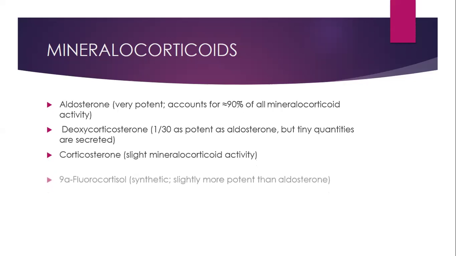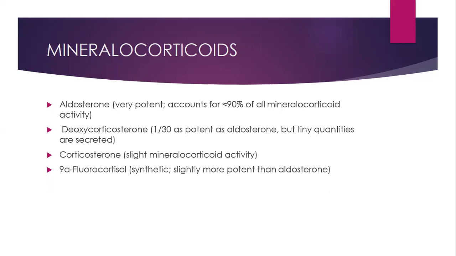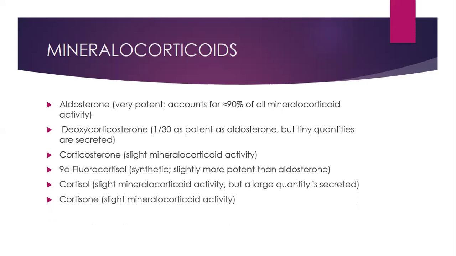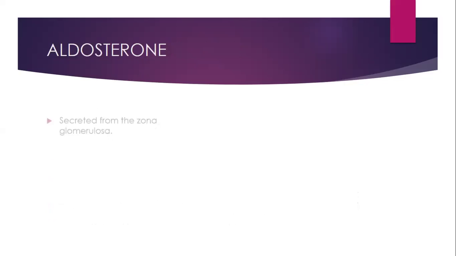Then corticosterone, and 9-alpha-fluorocortisol, which is synthetic and is usually more potent than aldosterone. And again, you have cortisol and cortisone. All of them have mineralocorticoid activity, but it depends which one has a stronger, potent one, and which one has a weak or slight activity.